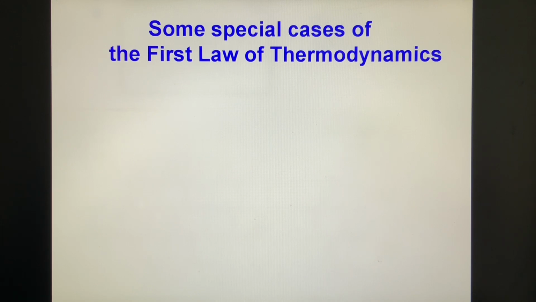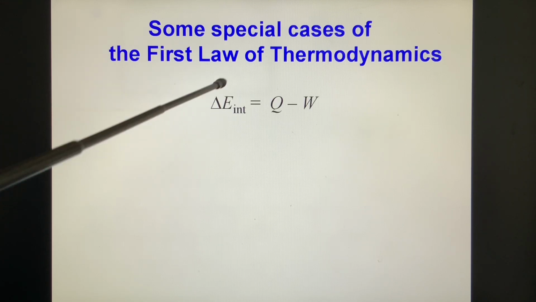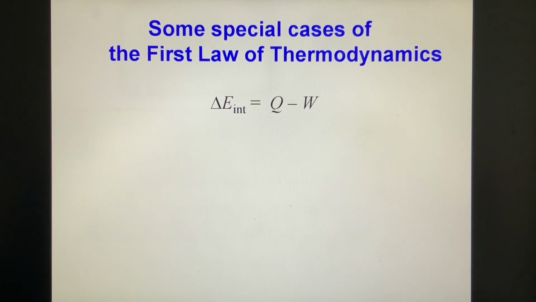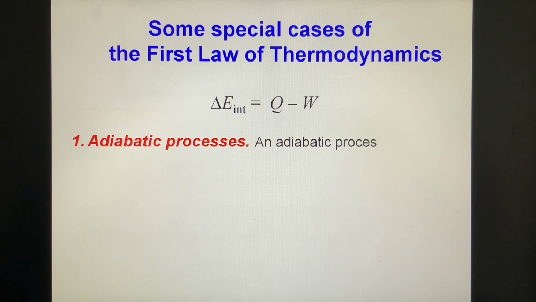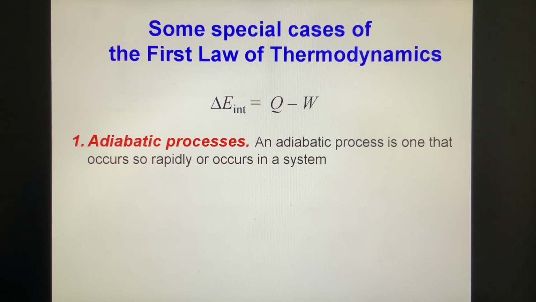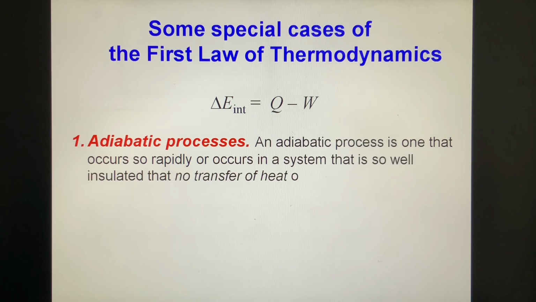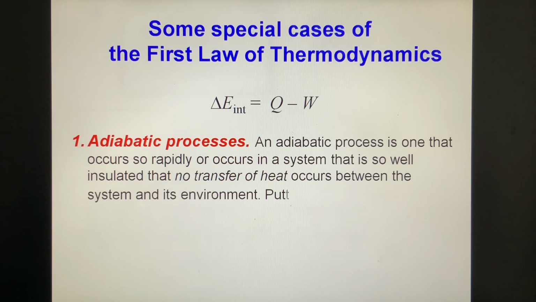Some special cases of the first law of thermodynamics: delta E internal equals Q minus W. 1. Adiabatic processes. An adiabatic process is one that occurs so rapidly, or in a system that is so well insulated, that no transfer of heat occurs between the system and its environment.